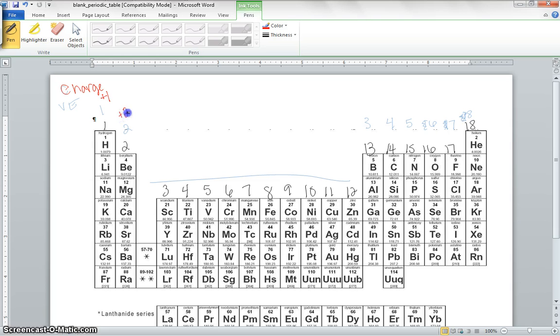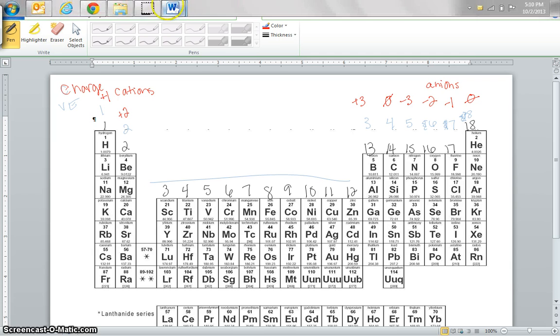Group 2 will be a +2 charge. Group 3 will be a +3 charge. There's no charge for anything in group 14, no charge. Group 15 will actually be a -3. Group 16 will be a -2. And group 17 will be a -1. And anything in group 18 is not going to have a charge because it's not going to want to make an ion. Remember, negative ions are called anions, and positive ions are going to be cations.